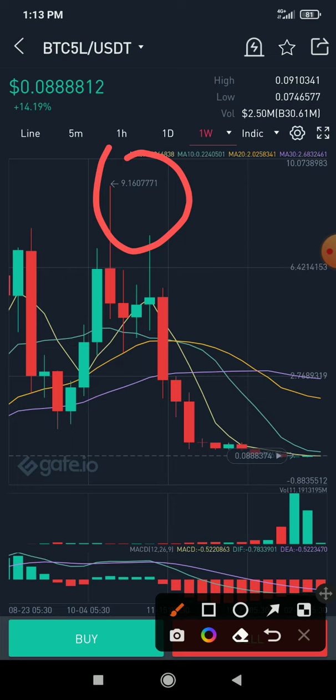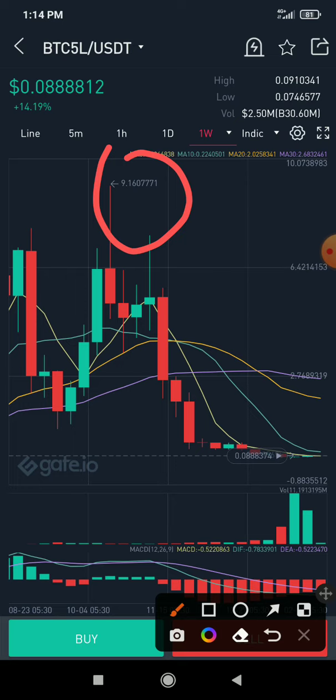At that time, if the market goes up and up to 50 to 60,000, in this case we have to buy the 5x or 5L BTC.